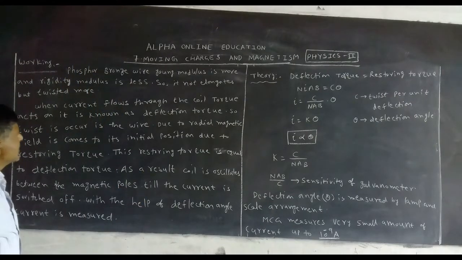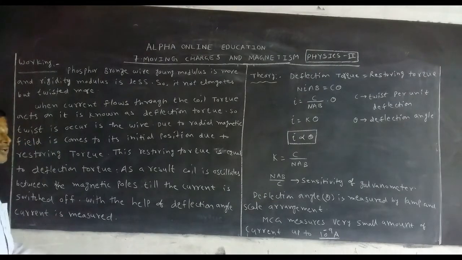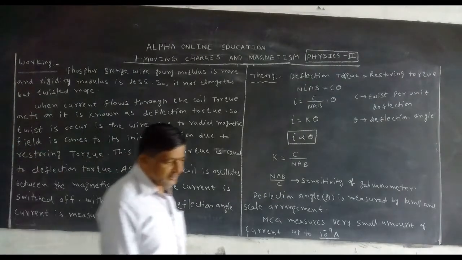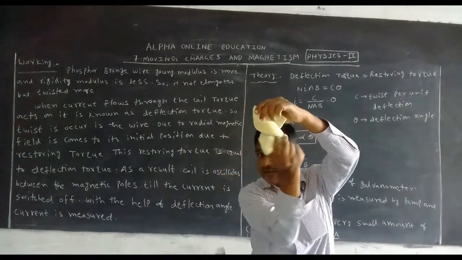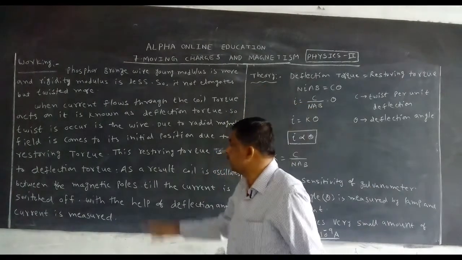The phosphor bronze wire has a high Young's modulus and low rigidity modulus, so it does not elongate but twists more. This is called twisting.